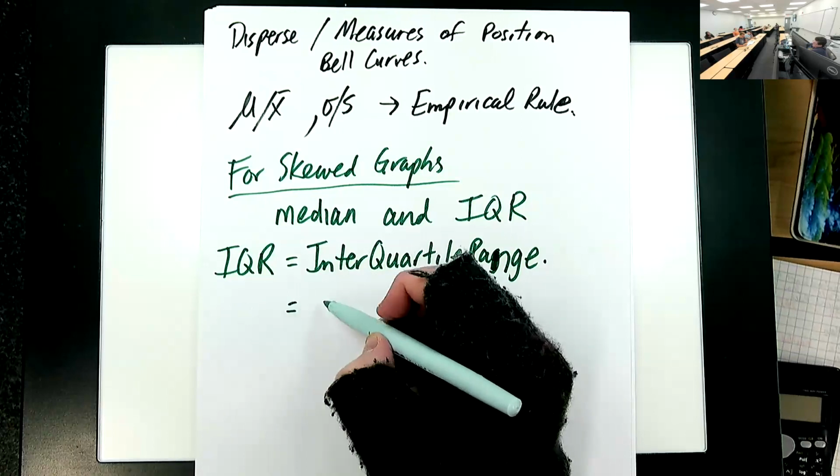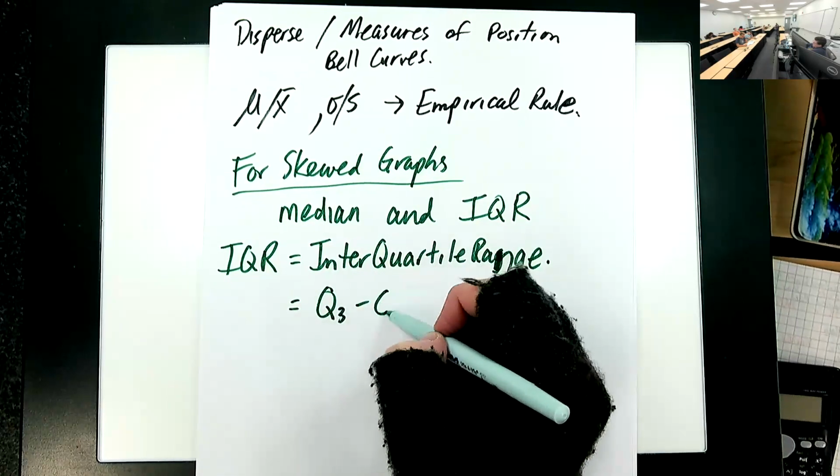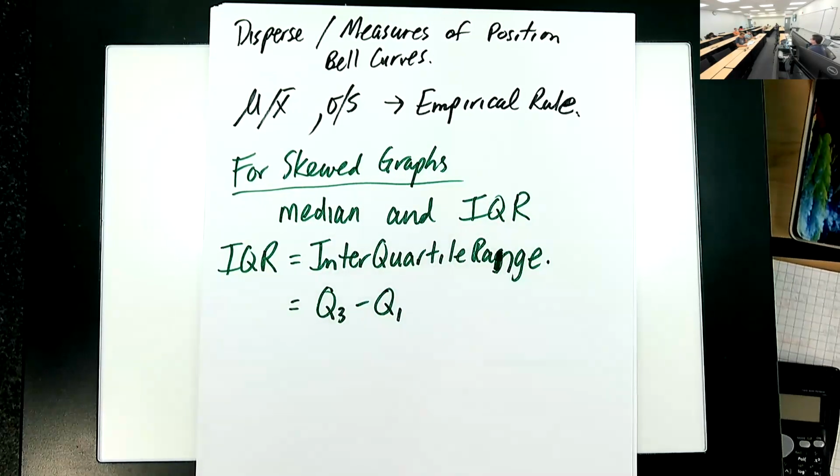IQR, when you calculate it, is Q3 minus Q1. You guys remember seeing that on StatCrunch, the Q3 and Q1? It also has IQR on there.